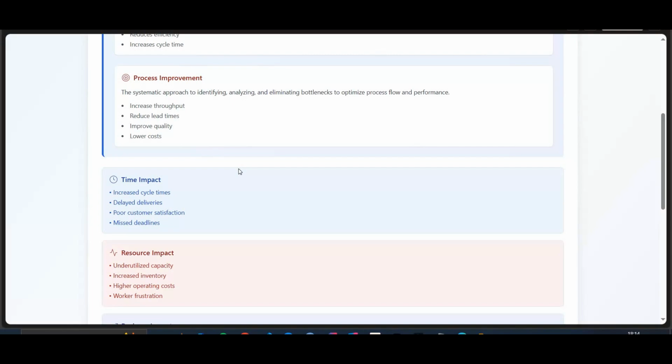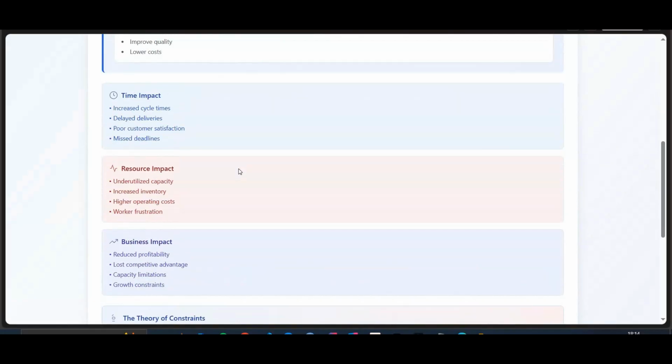From a resource perspective, some machines or workers might be underused while others are overloaded, inventory piles up, costs climb, and workers often get frustrated. And on the business side, if you are constantly limited by these choke points, profitability drops, growth slows, and competitors can take advantage of your weaknesses. That's important.